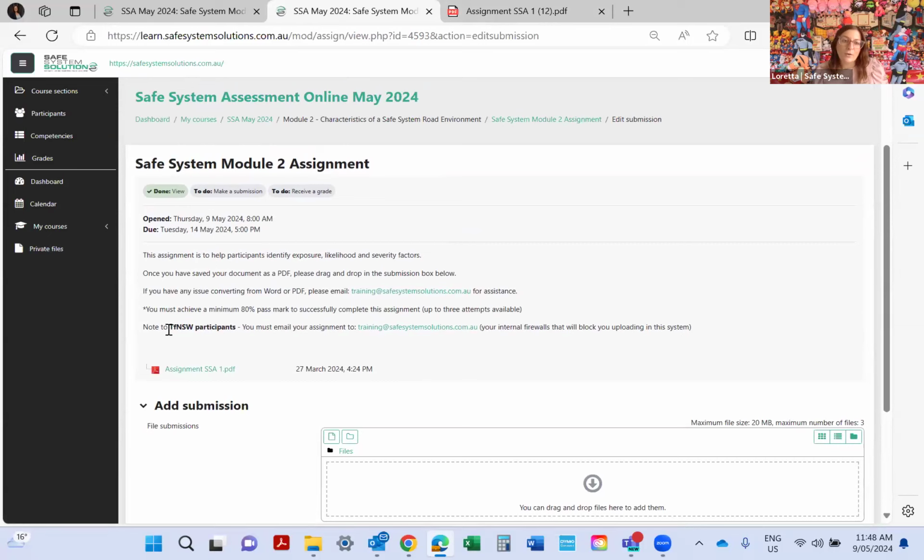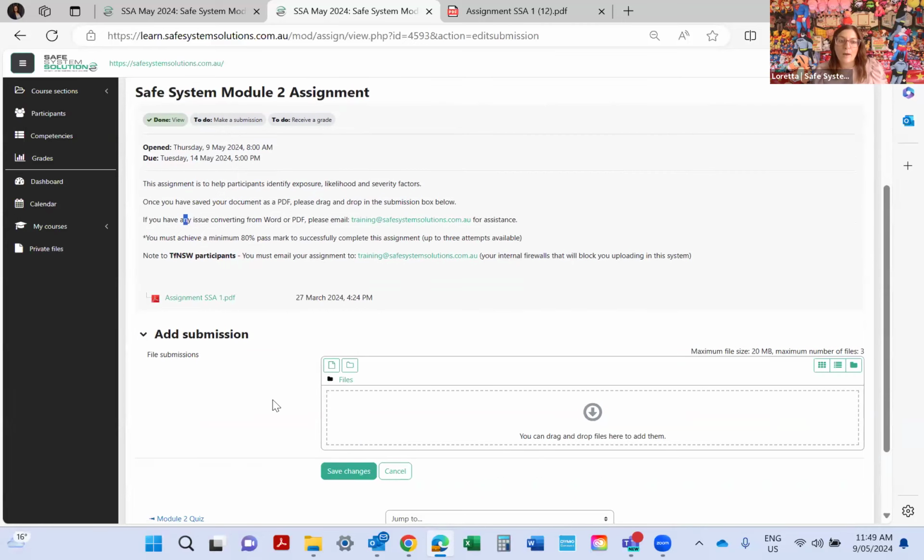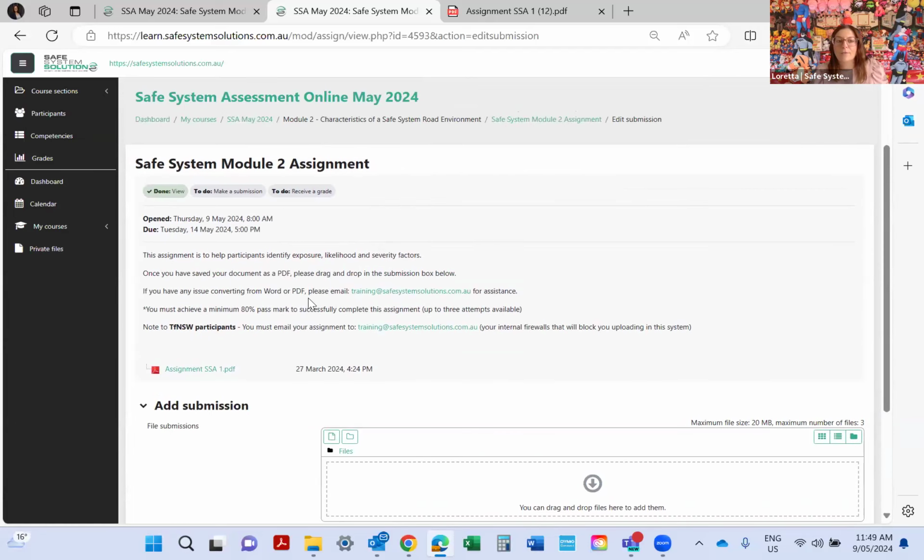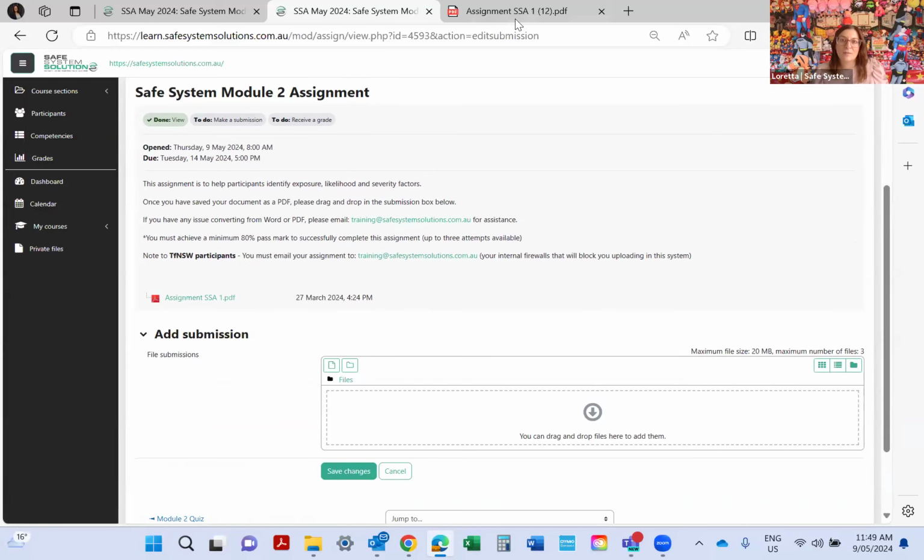I might just quickly note, for those that work for Transport for New South Wales and perhaps some other organisations, you might have firewalls that may not allow you to upload it and add the submission. So don't stress, just simply email it to me or to the team at training and we'll upload it for you on your behalf. So pretty simple, open the assignment, it's a PDF, save it, drag it in and add your submission.